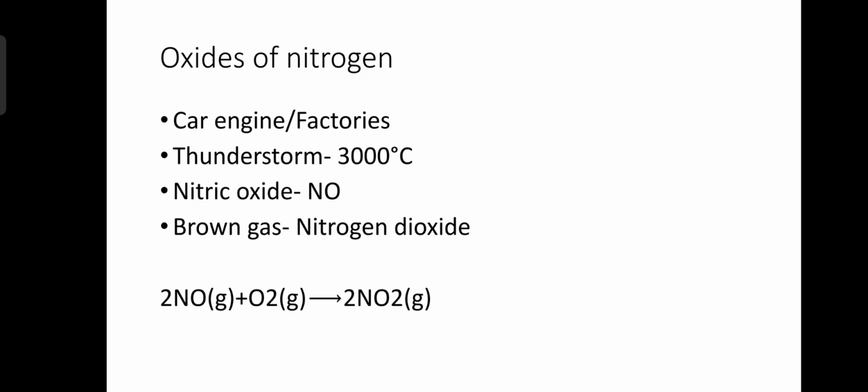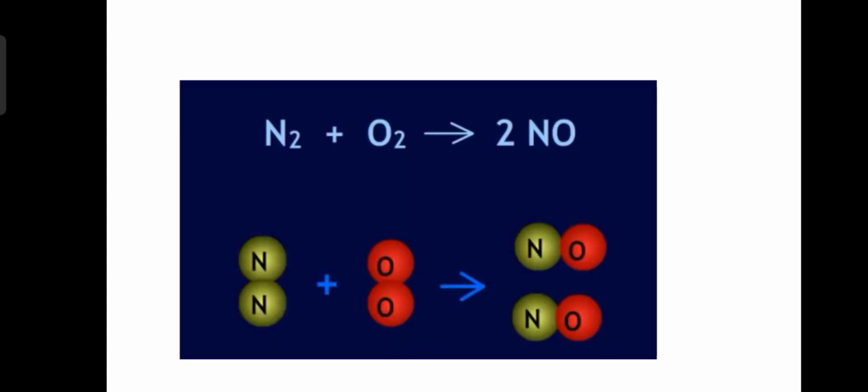To reduce this air pollution, catalytic converters are used. We will discuss catalytic converters in the next lectures. They convert these poisonous oxides of nitrogen to less poisonous substances, like converting the oxides of nitrogen to nitrogen, which is less harmful, right?